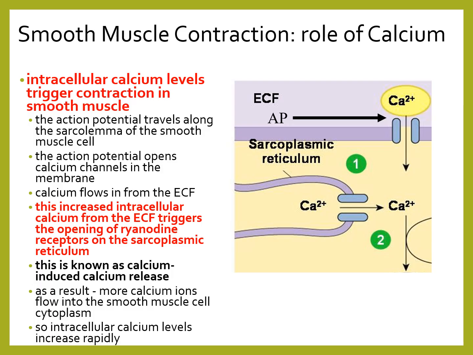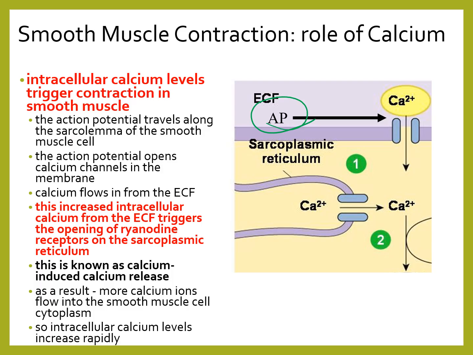And it starts off with an action potential flowing along the sarcolemma. So there's our action potential. It's going to start and it's going to flow along the sarcolemma. Now, this action potential can be generated in response to neuronal stimulation, or it can actually be generated spontaneously. Either way, the action potential travels along.